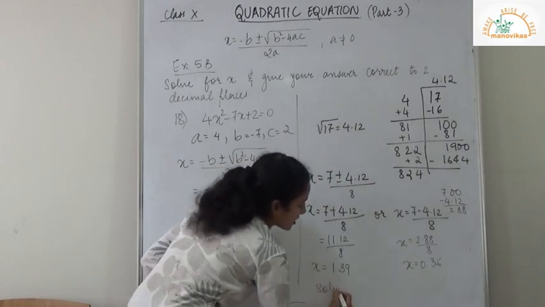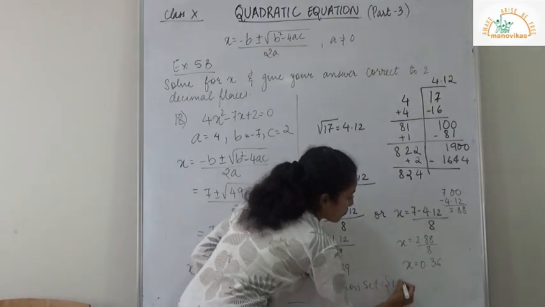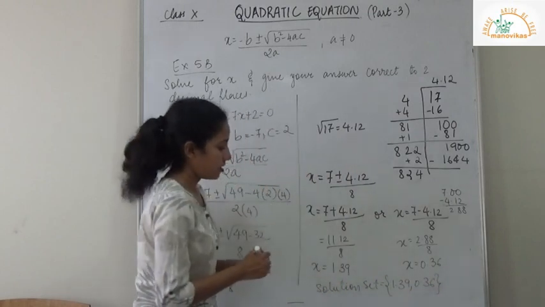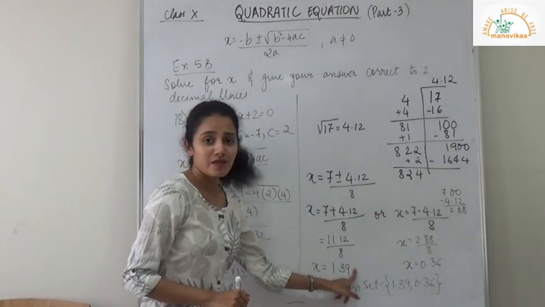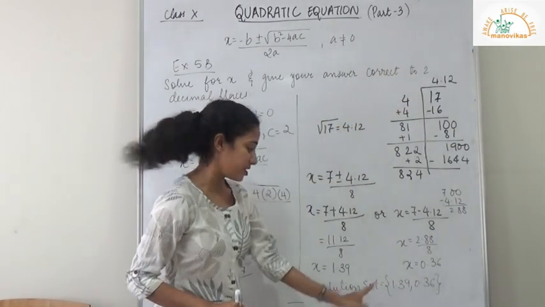Therefore the solution set is 1.39 and 0.36. Note that if you have to get another value here, you have to round it up, because you are asked only to find up to 2 decimal places.